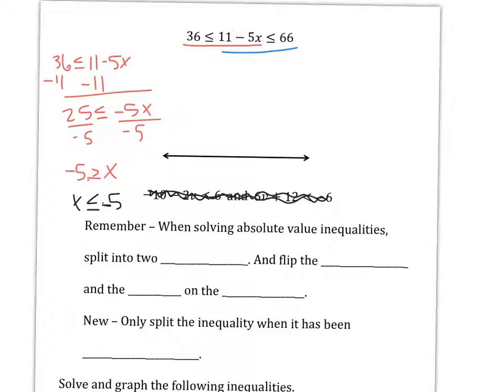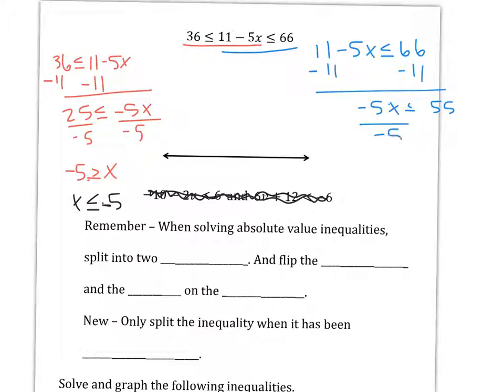Okay. Over here with the second case, 11 minus 5x is less than or equal to 66. Subtract 11. 55, divide by negative 5. X is greater than or equal to negative 11. So here, as I make my graph, I go ahead and make a few points.